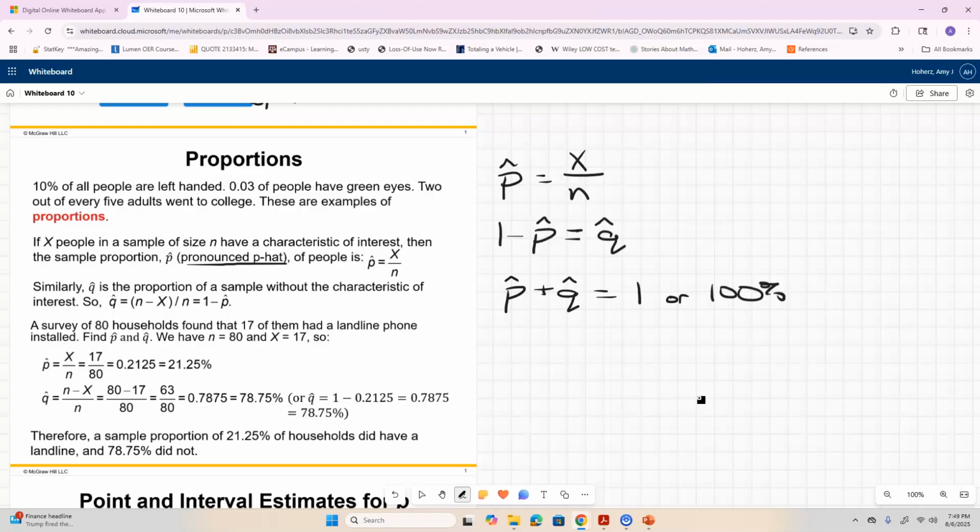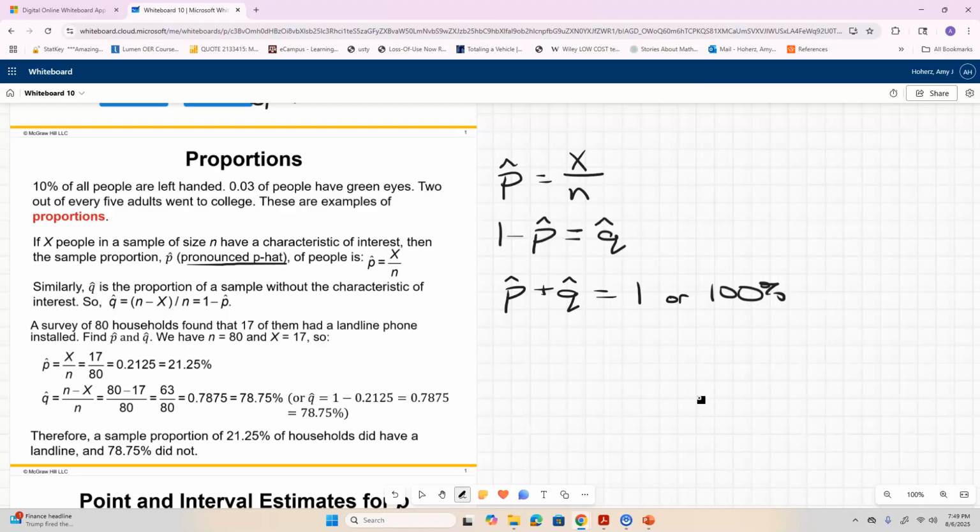So let's calculate a P hat and a Q hat with an example. Let's say we have a survey of 80 households and 17 of them had a landline phone. Well, we know that n is 80 and x is 17.